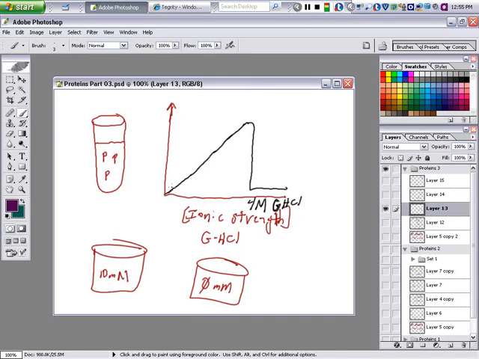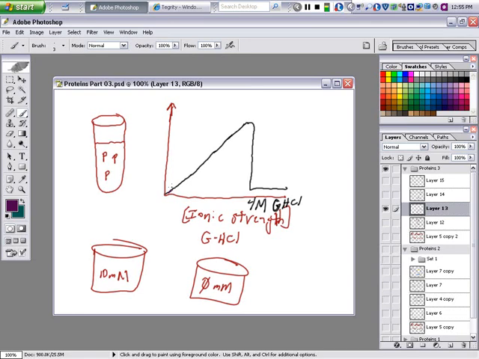But eventually, you're going to get to a point where there's so much salt there that all the hydrogen bonds on the water are going to be used to dissolve the salt, because the salt is going to take priority. There are going to be no hydrogen bonds on the water left to make hydration shells around the protein. So the protein is going to be left to its own devices.